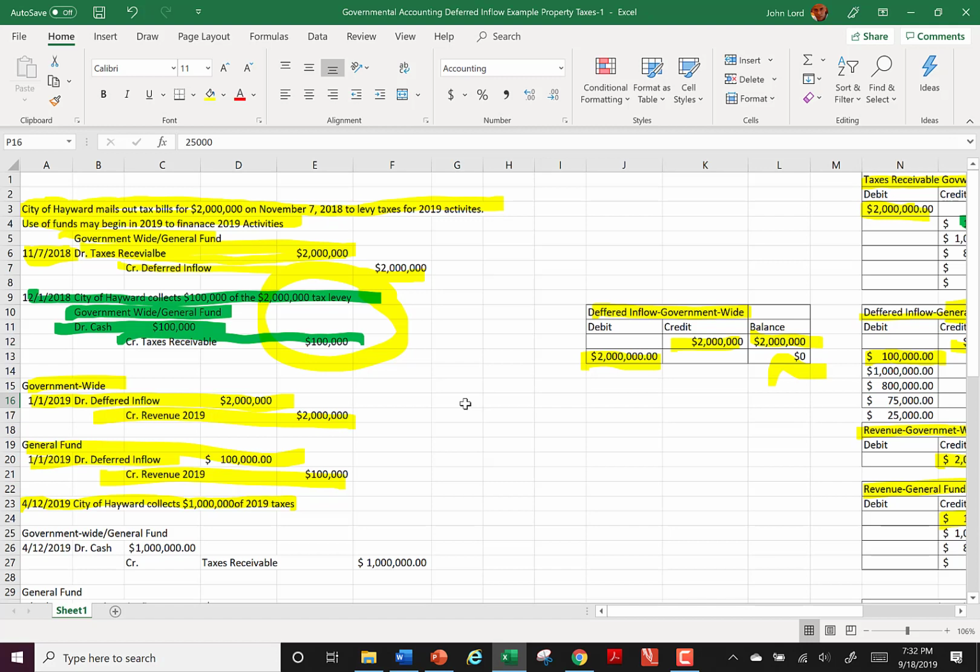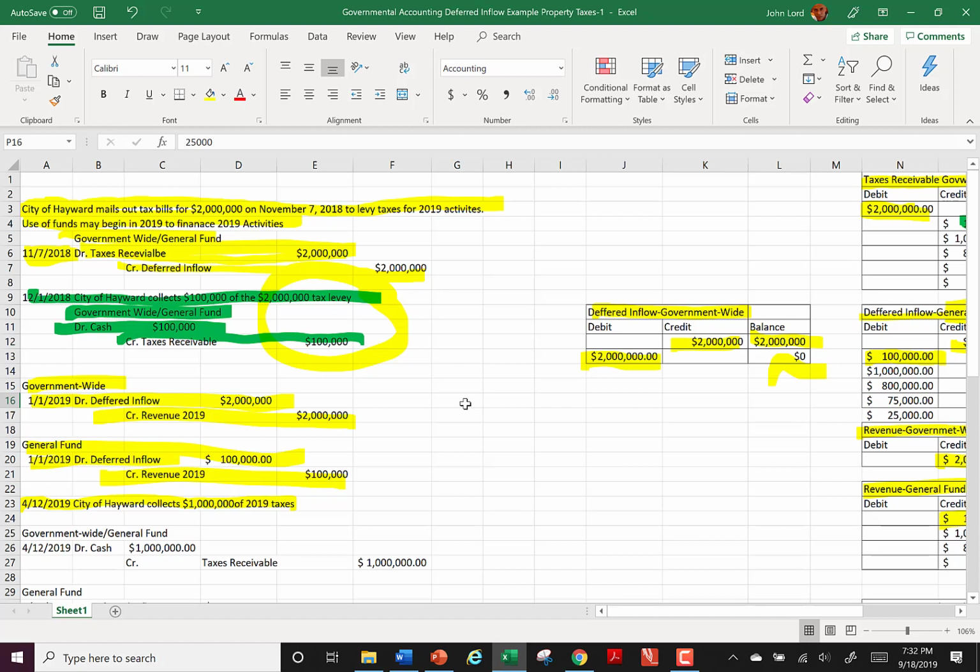Sorry guys. They haven't met eligibility because the year hasn't begun yet, right? So even though we don't really have to worry about eligibility for things like property taxes, if the year hasn't begun, then you're not eligible, right? Use may begin. Okay, so use cannot begin, so it's a deferred inflow both under the modified accrual and full accrual rules, right?